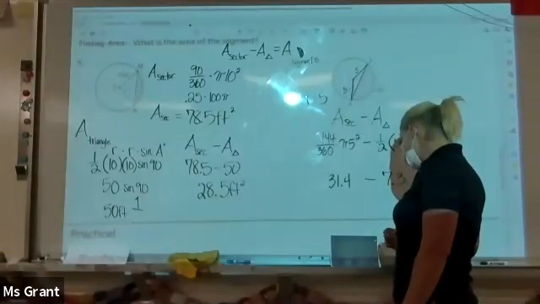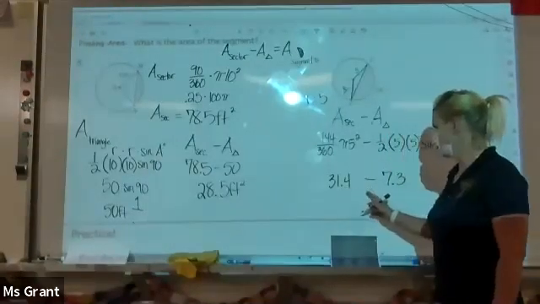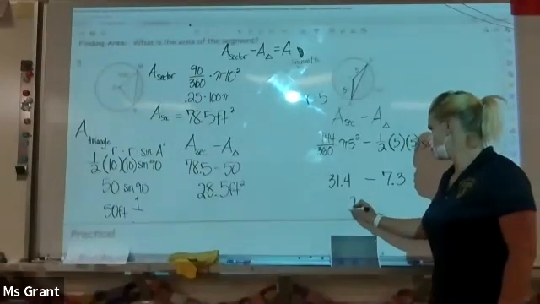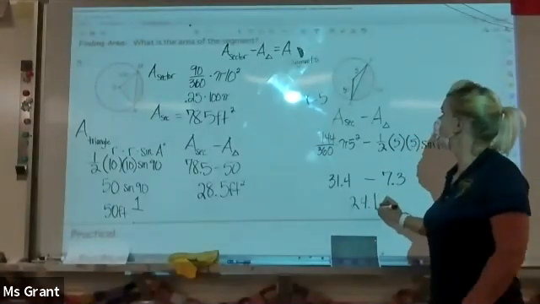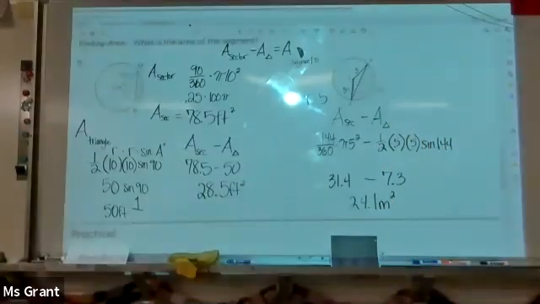Did you get about 24, 24.1? Meters squared. All right. So you can start on the homework. The homework is below. It's the 7 problems below that you see.